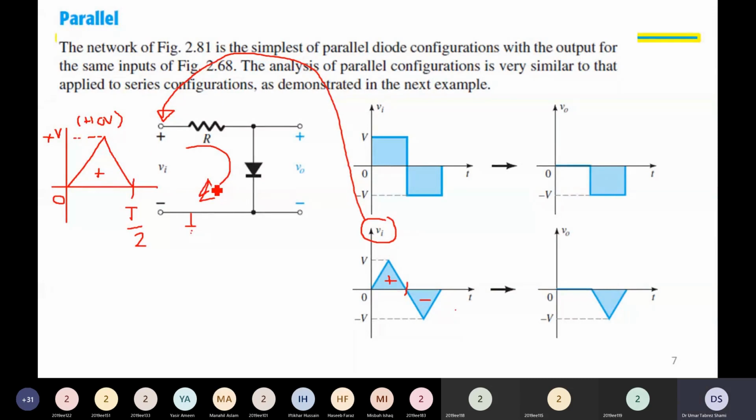And when the diode is forward biased, first of all, we will have a voltage drop across the diode equal to 0 volts. तो हम ये कह देते हैं कि आउटपुट पे, अगर हम ये आउटपुट पे देखना चाहें, तो आउटपुट 0 to T/2 is 0 volt because here, diode D is forward biased from time 0 to T/2.